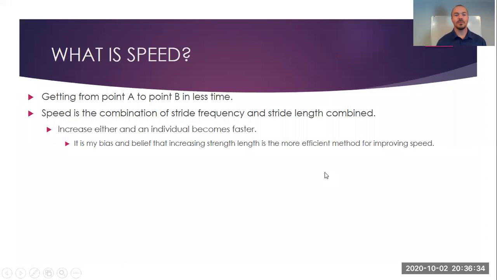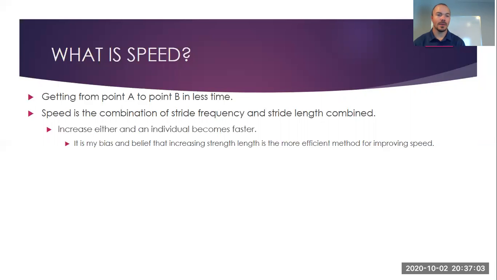What is speed? Well, essentially we're getting from point A to point B in less time. That could be in a marathon, or in those shorter efforts that last between a couple of seconds and maybe 30 seconds or so. We're going to talk about running mostly, but a lot of the science and logic is going to carry over to swimming, cycling, rowing.